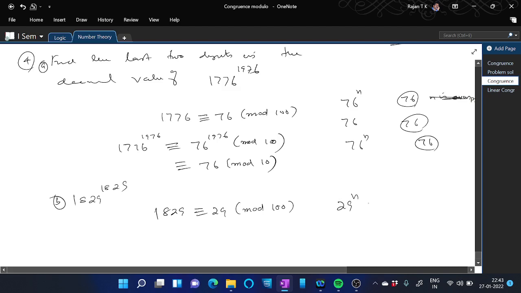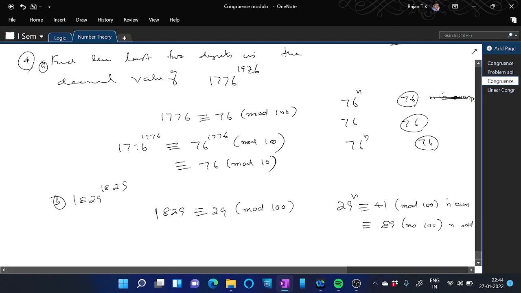29 raised to n for an integer n is congruent to 41 mod 100 if n is even, and congruent to 89 mod 100 if n is odd.